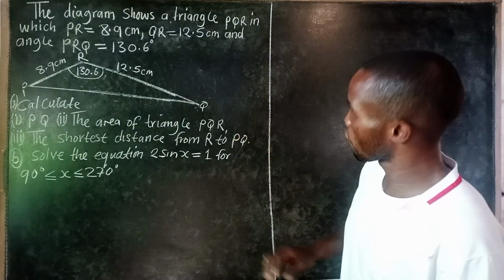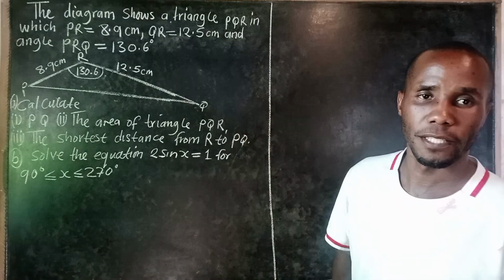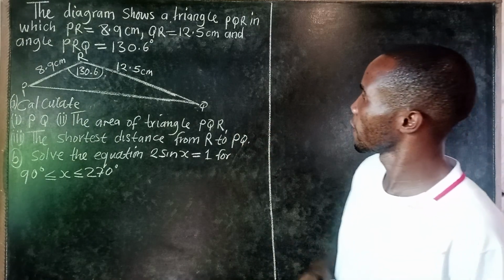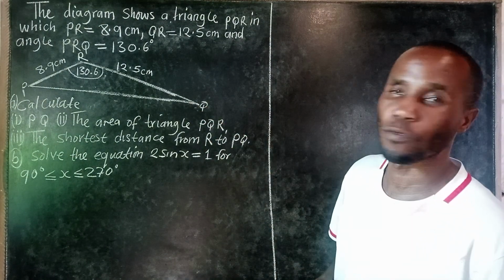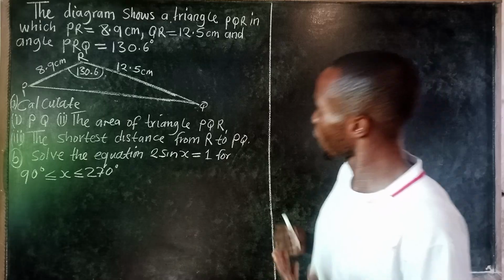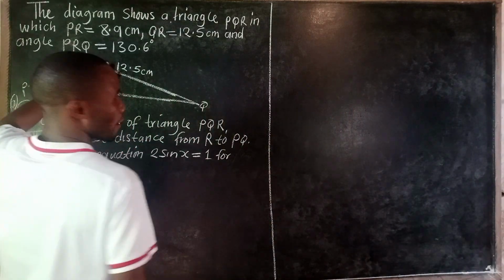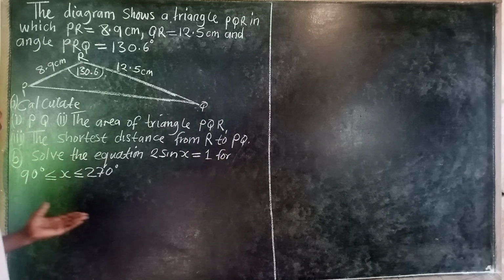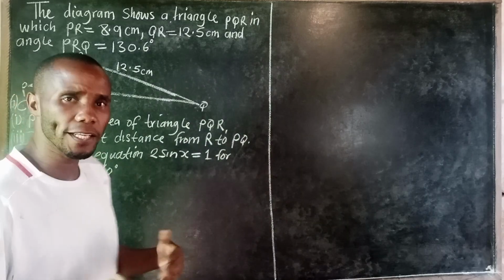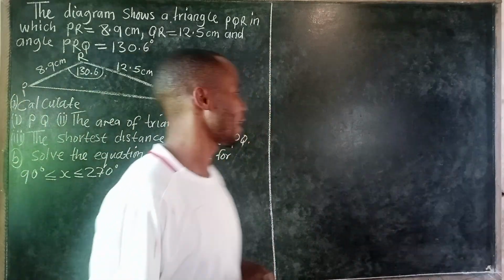So like this question that we have, which rule can we use? How are you going to know that? Here I'm supposed to use the cosine rule. Here I'm supposed to use the sine rule. How can you know that? The way this triangle is given, we identify whether the angle given is an included or non-included angle.